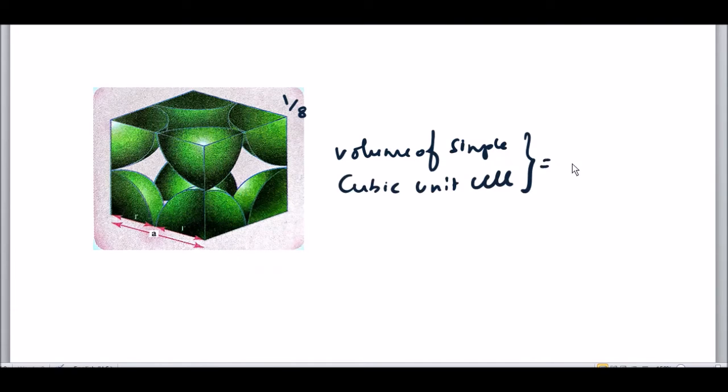That is equal to the edge length a into a into a, which means we can have a cube. Just see the diagram. This is a. This distance is also equal to a, and this is also equal to a. And all three values are a, and hence the volume is equal to a cube.